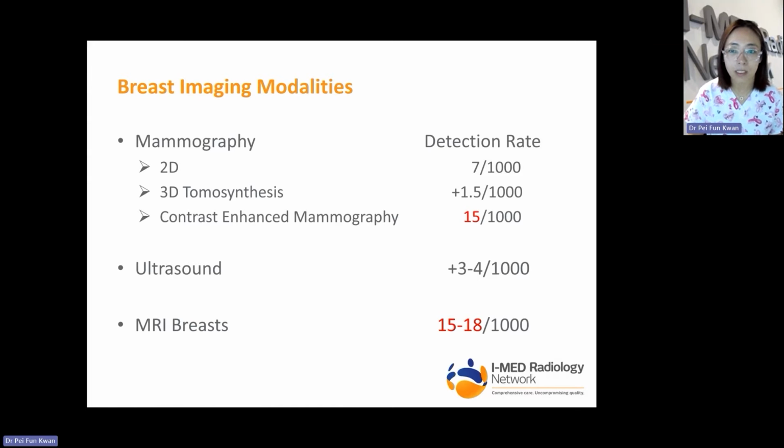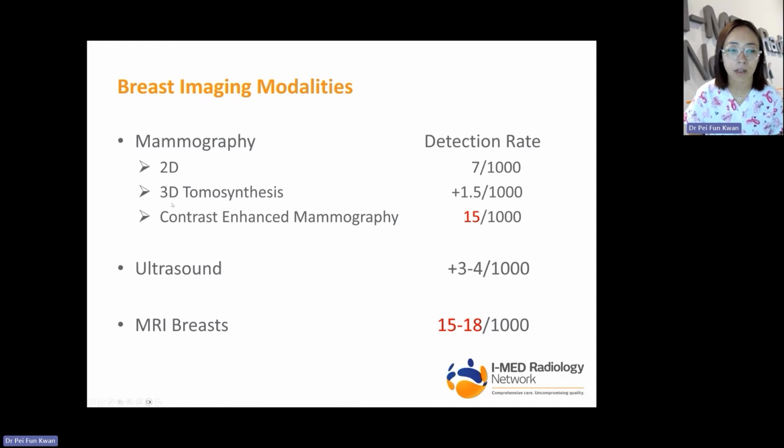Breast imaging modalities. We are all familiar with mammogram, ultrasound, and MRI breast, but there's a newer development of contrast-enhanced mammography that I'll touch on a little bit today. If we look at 2D mammogram, the detection rate is approximately 7 per 1,000 cases that we read.